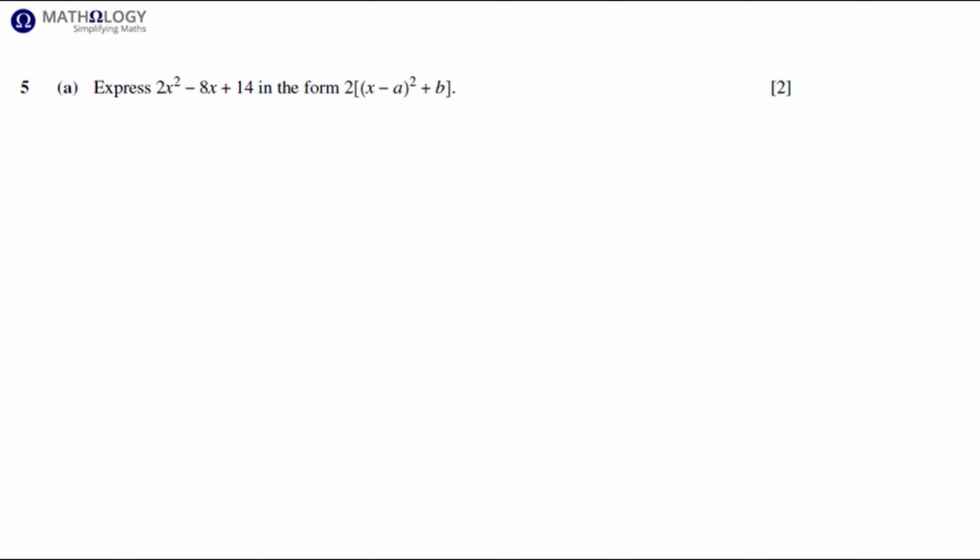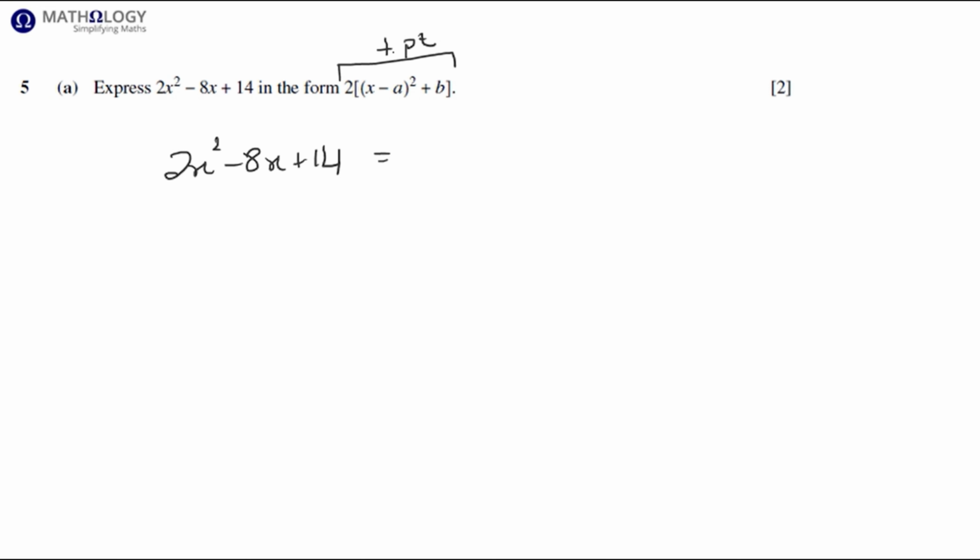Express 2x squared minus 8x plus 14 in the form 2 times (x minus a) all squared plus b. Okay, we are given a quadratic in standard form, 2x squared minus 8x plus 14, and we're required to express it in turning point form.